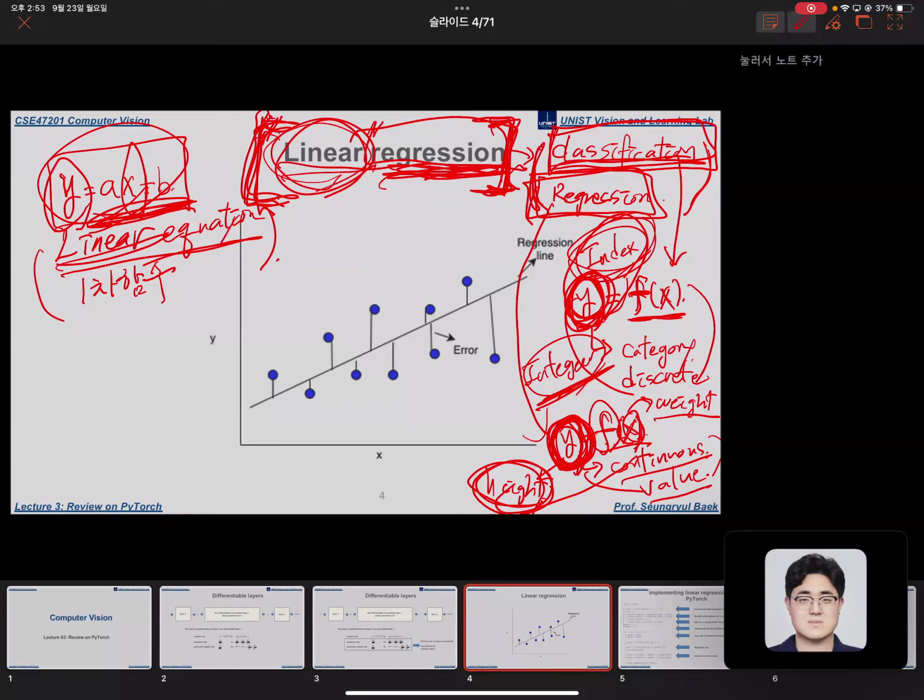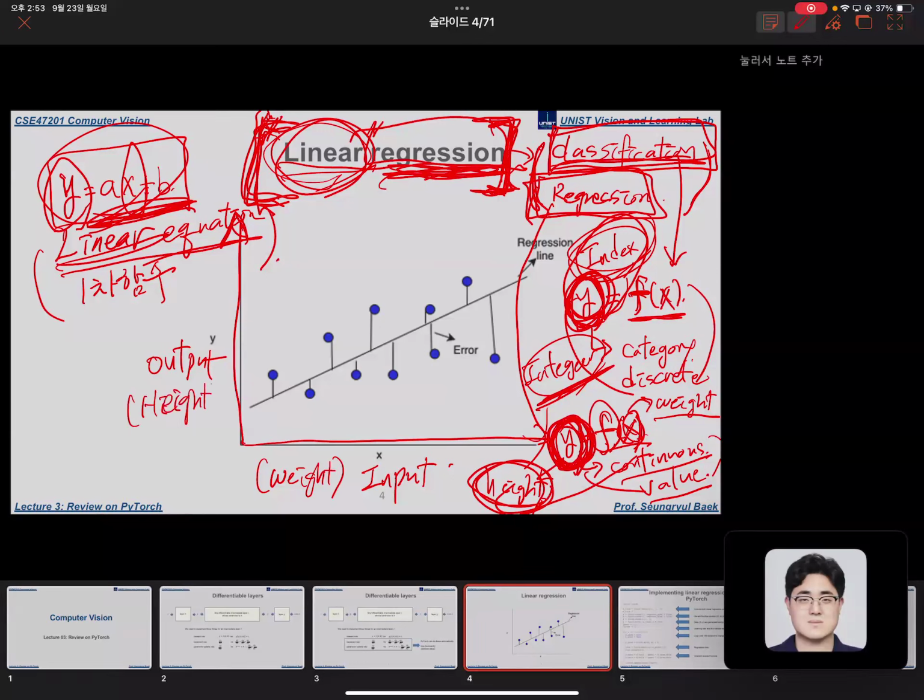For example, this is the y value, which is the output, and this is the input. You may think this is the weight of a person, and the output could be the height of a person. Weight and height have some correlation between them, right?